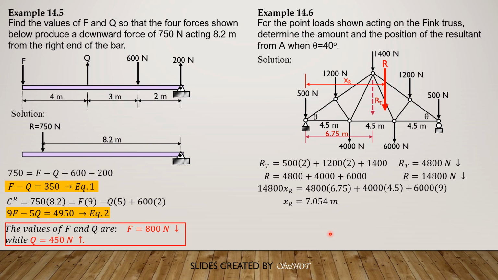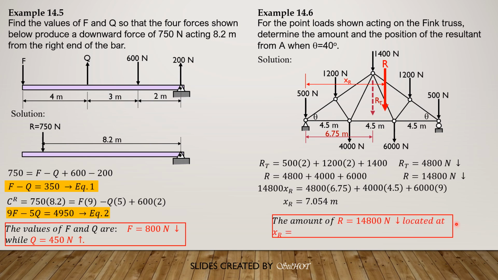So we say that the resultant of these forces on the pink truss is equal to 14,800 newtons downward, acting 7.054 meters to the right of the left support, or from the left support. So that's it.